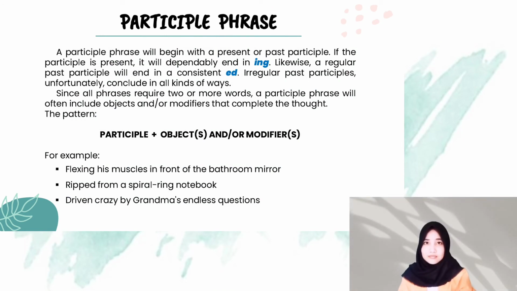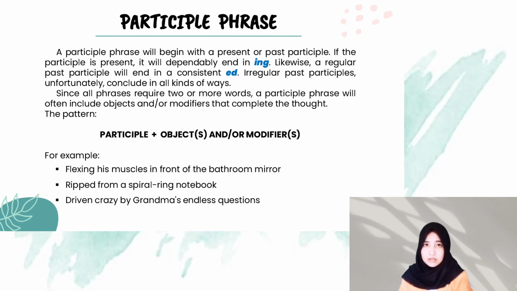Participle phrase. A participle phrase will begin with a present or past participle. If the participle is present, it will dependably end in -ing. Likewise, a regular past participle will end in a consistent -ed.